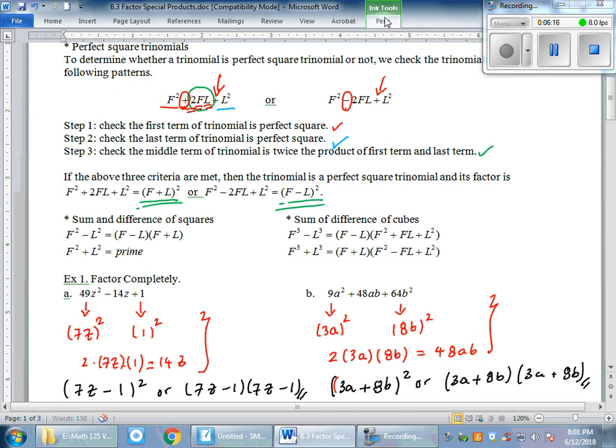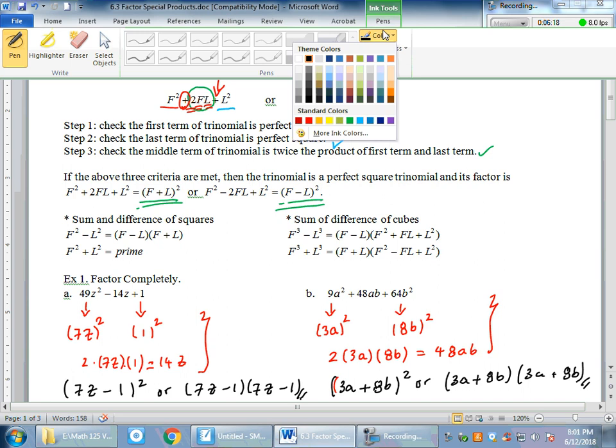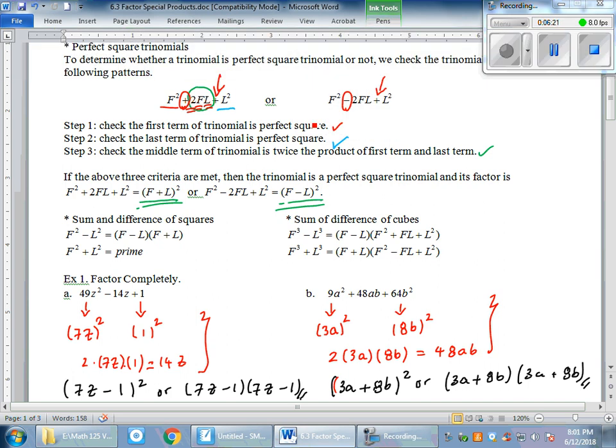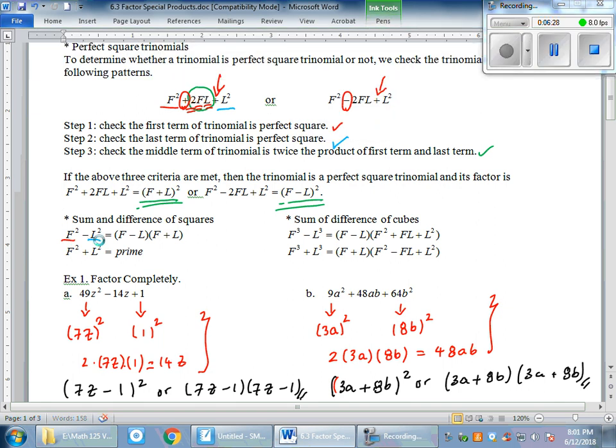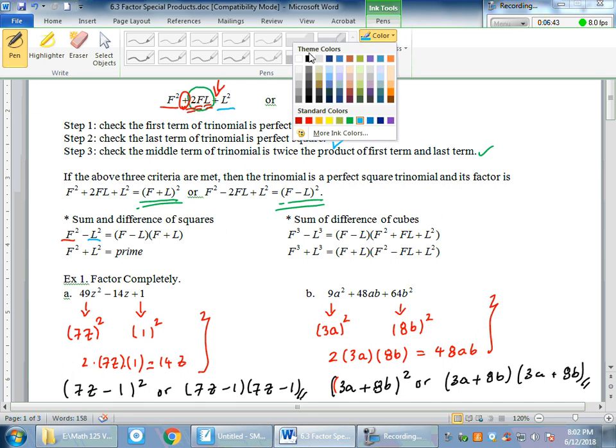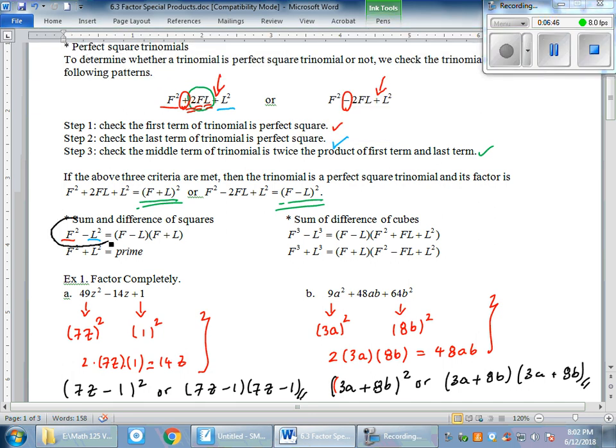If you can rewrite it as first squared minus last squared, so you see the difference of two squares, then your factors will be first minus last and then first plus last. So once you can rewrite into this format, then you just follow the formula.